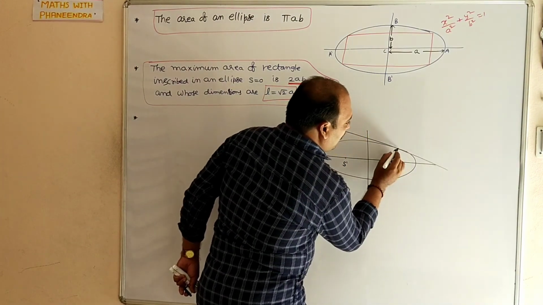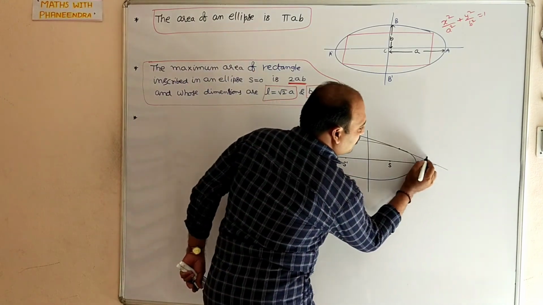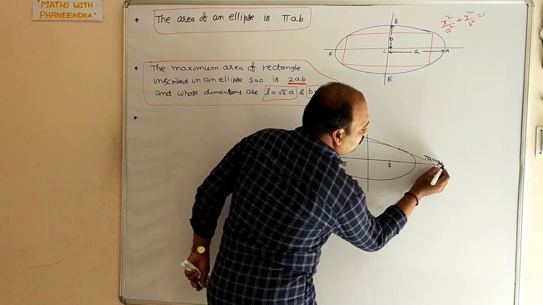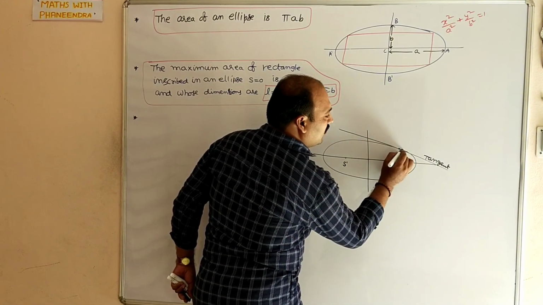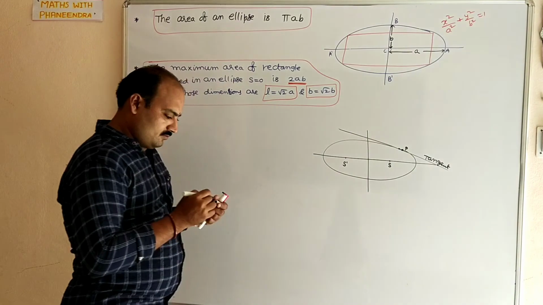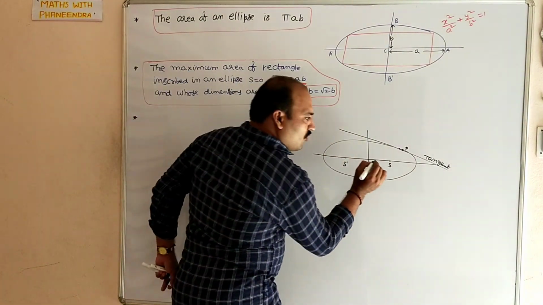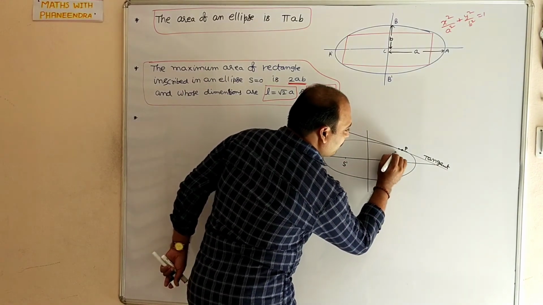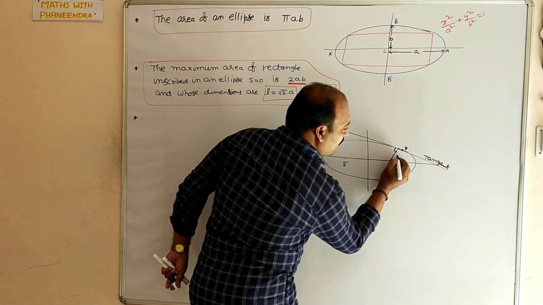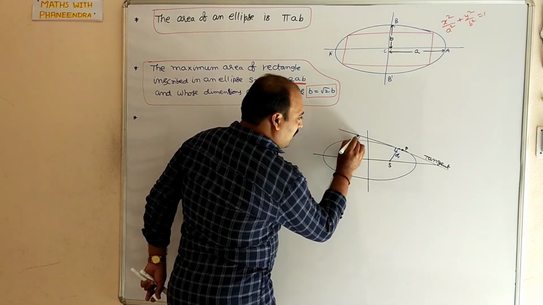This is the tangent equation at any point of the ellipse, at some point P you are taking here. From the foci to the tangent, draw the perpendiculars. This is one perpendicular D1, this is another perpendicular D2.